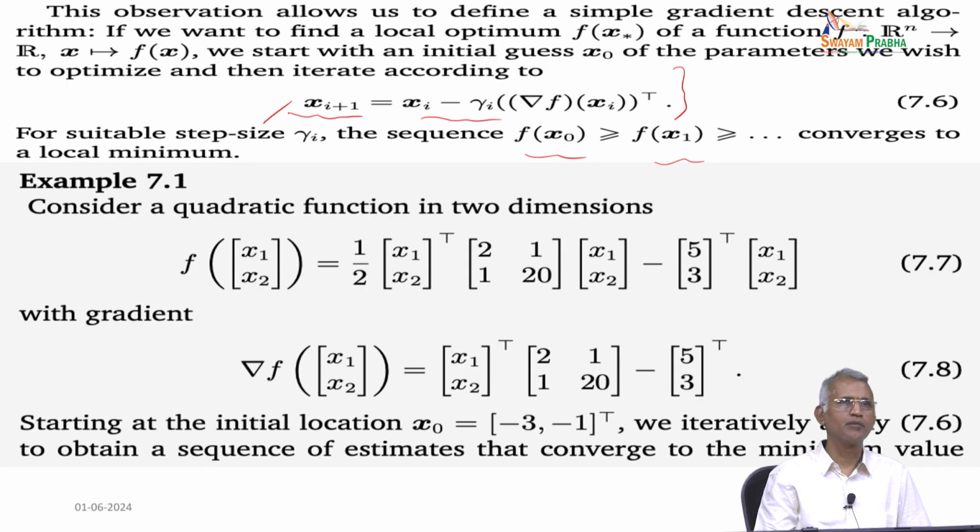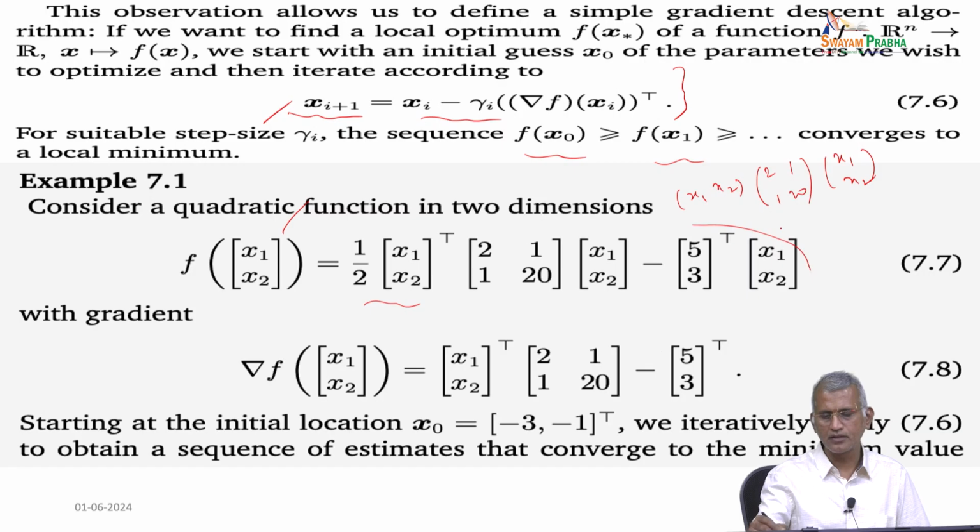Now, let us demonstrate one example. Take a quadratic function in 2 dimensions x1, x2, which can be written as x1, x2 transpose times the matrix 2, 1, 1, 20 times x1, x2. This is called a quadratic form.